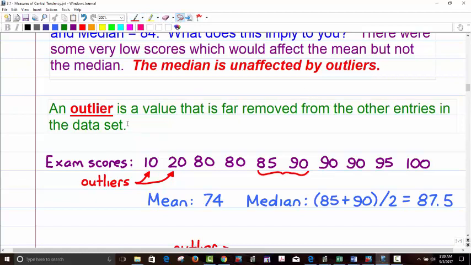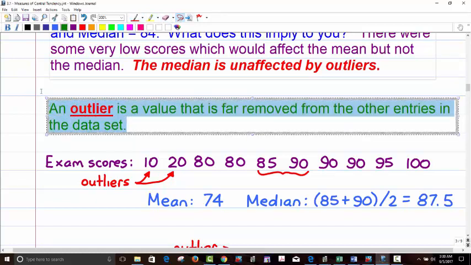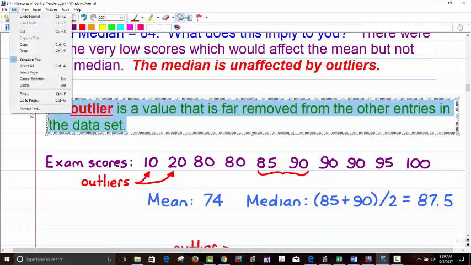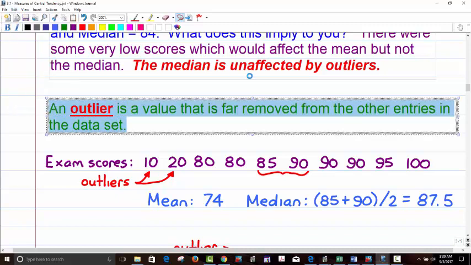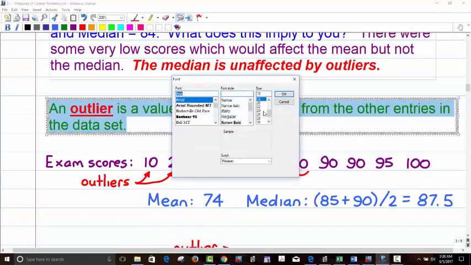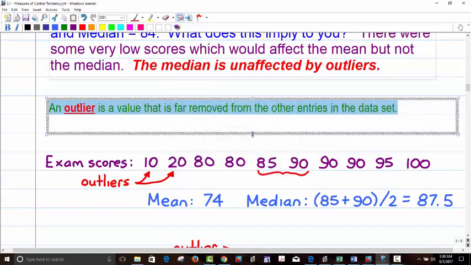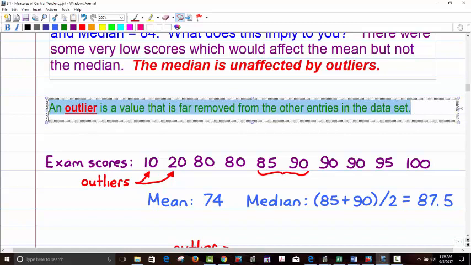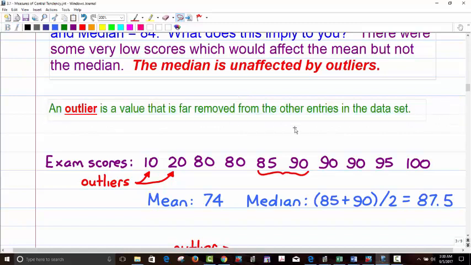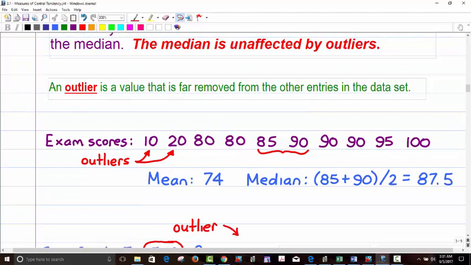Okay. And so here's sort of the exam score set I was talking about too. So you see how I put intentionally low scores in there? Two low scores, in fact, a 10 and a 20.